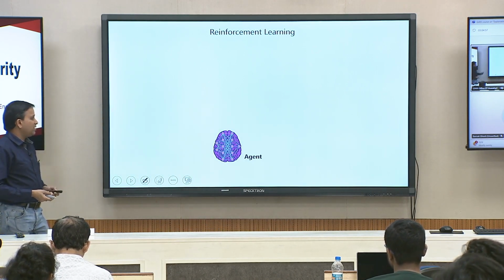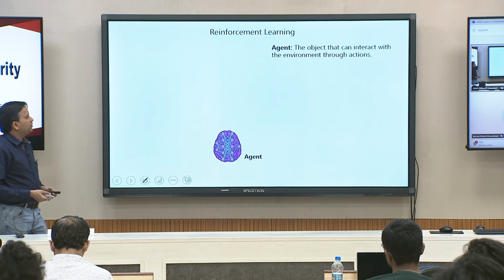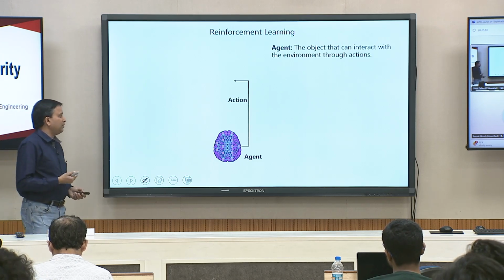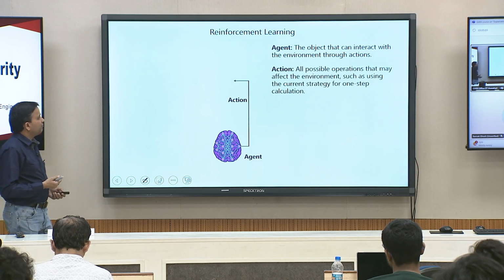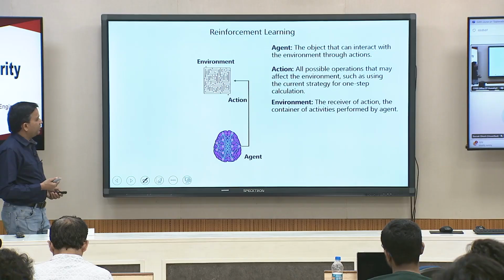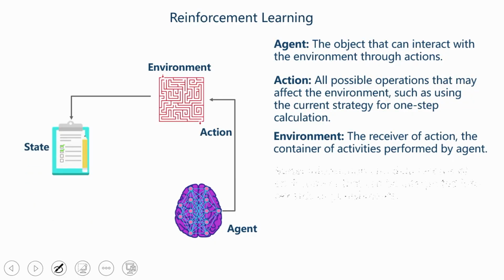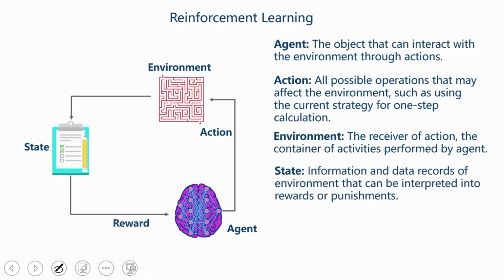So, there is an agent, and the agent interacts with the environment through certain actions, and the environment interacts with the state, and then if things are going well, you reward. Think of this particular story: if a bit flip actually activates certain things and you want to keep that test, then that bit flip you want to reward or increase the weight.